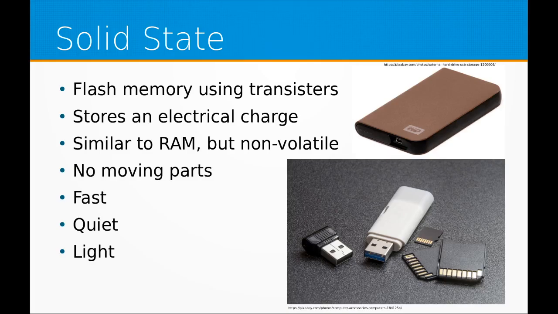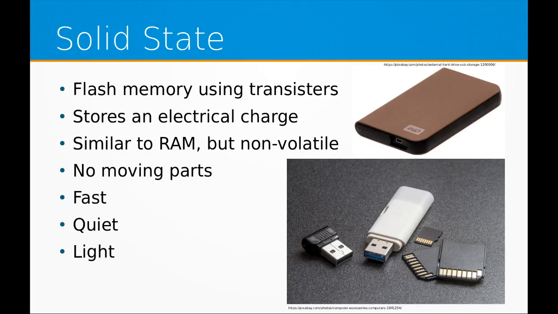Okay, so solid state is using flash memory. It's very similar to our primary storage, very similar to RAM, but it doesn't lose the data when the system is powered off. It's really fast, and part of that speed is because there's no moving parts.